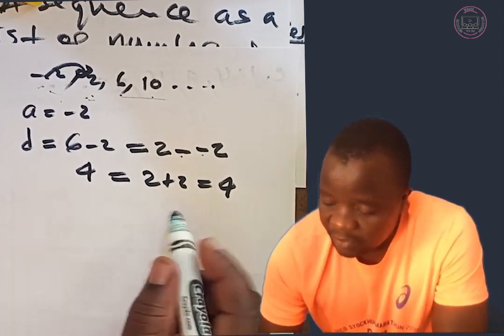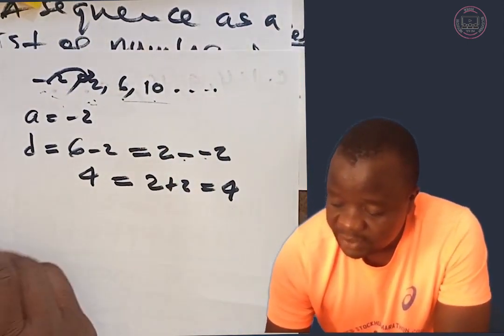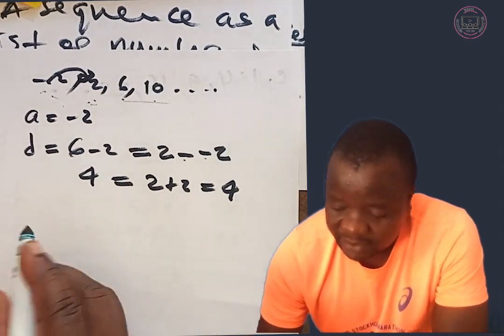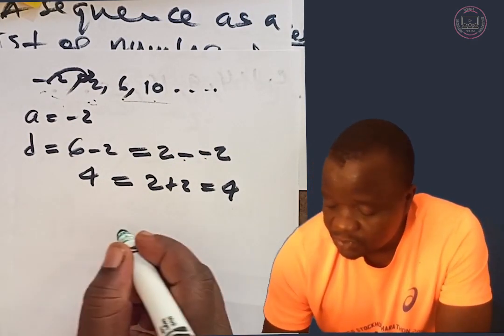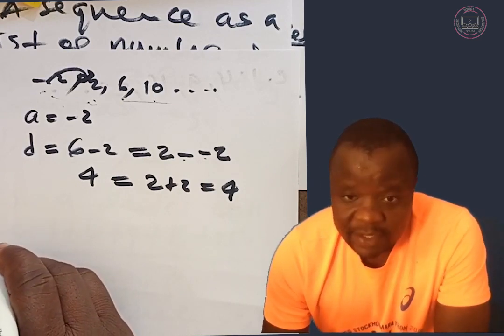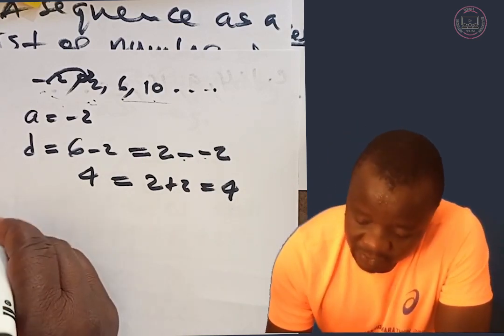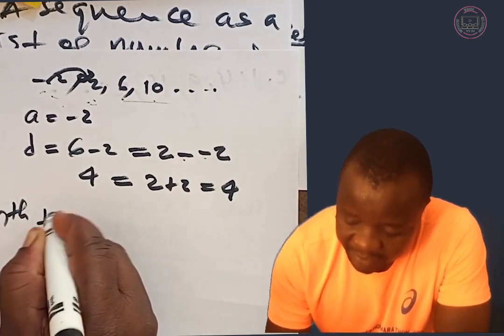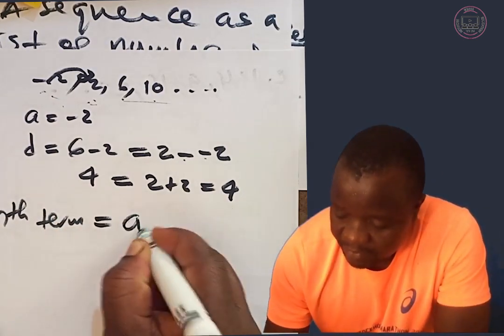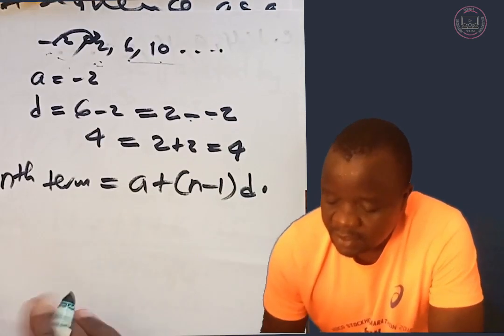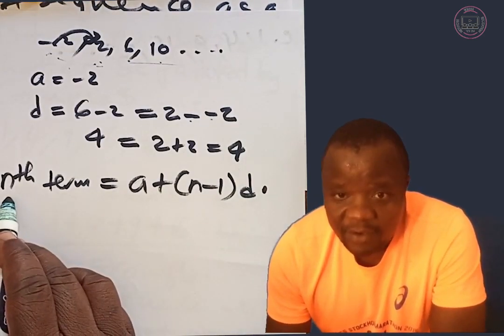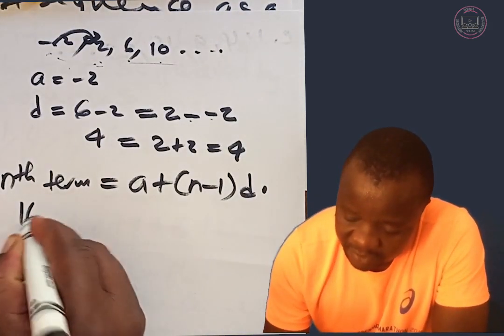Now, if we know the D, we have shown how the D works and how to calculate it, so we can try to calculate the 16th term. Our nth term is found by A plus n minus 1 multiplied by D. Where we have nth term, we are working out the 16th.